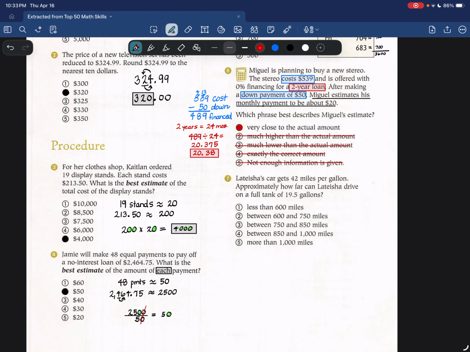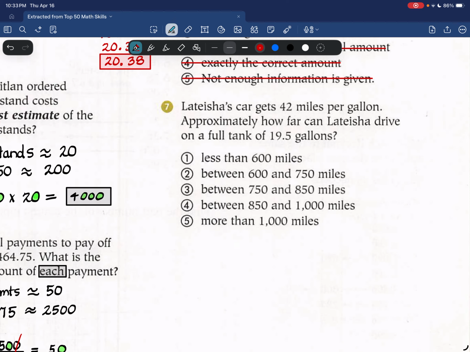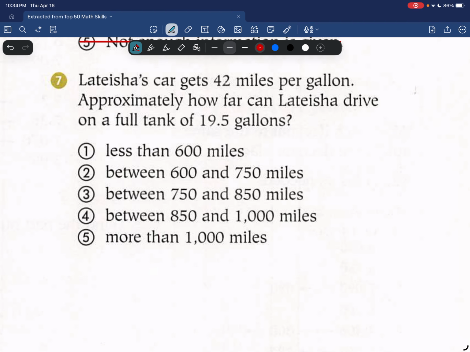All right, finally here. Letitia's car gets 42 miles per gallon. Approximately how far can Letitia drive on a full tank of 19.5 gallons? So they have given me exact numbers.